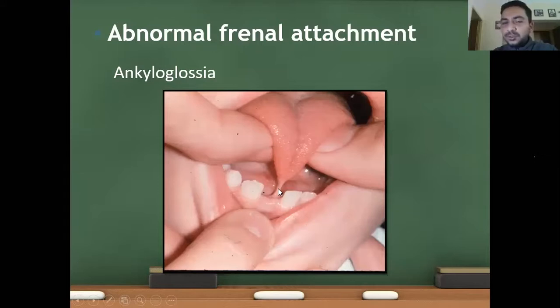So this can lead to difficulty in speech. The abnormal frenal attachment can also lead to recession of the gingiva with respect to the lower incisors. So whenever we see abnormal frenal attachment, those frenums should be released. So we can do frenectomy procedures.